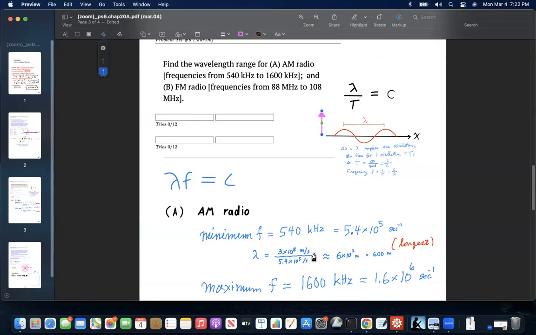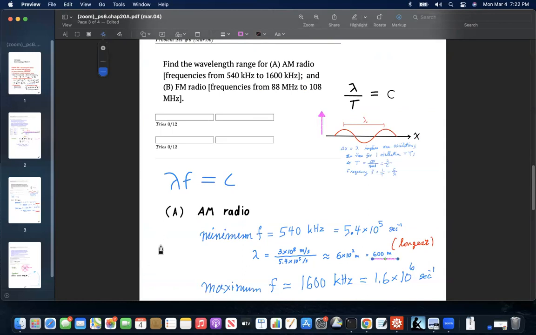So the 1 over seconds in the numerator cancels the 1 over seconds in the denominator. This is roughly 30 divided by 5 would be 6 times 10 to the 7 minus 5 would be 10 squared. So it's about 600 meters.